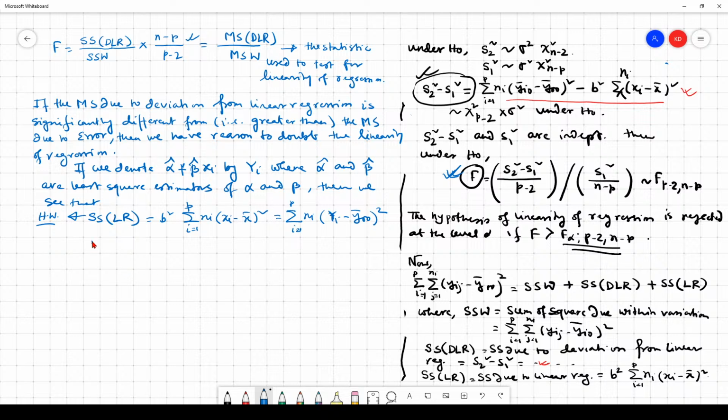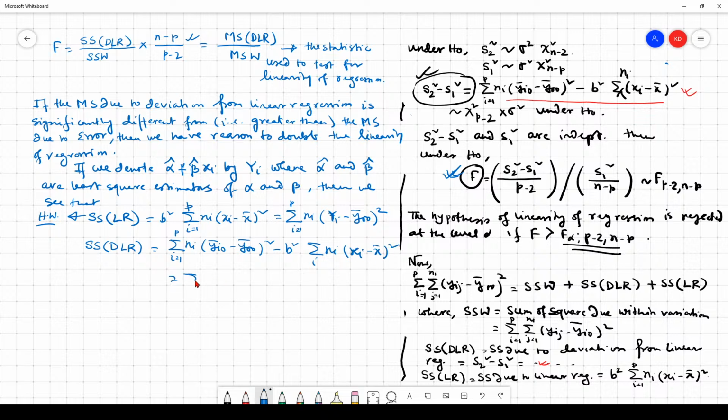And SSDLR is equal to the sum over i from 1 to p of ni (yi naught bar minus y naught naught bar) whole square, minus b square times the sum over i of ni (xi minus x bar) whole square.